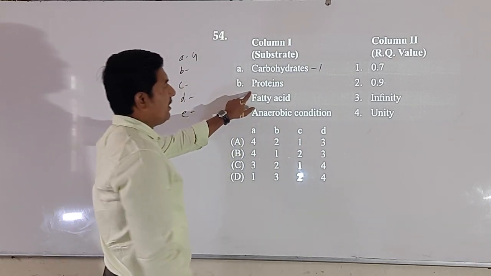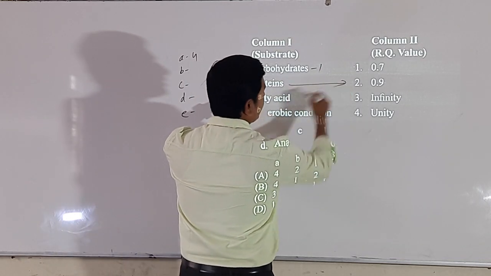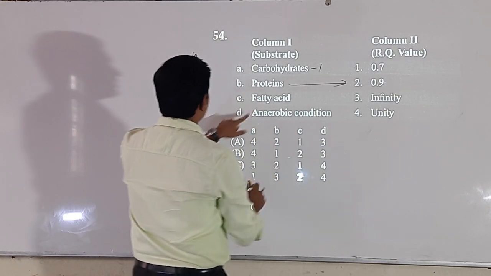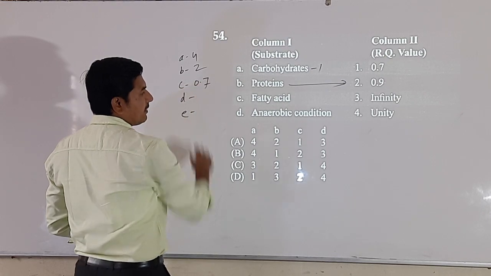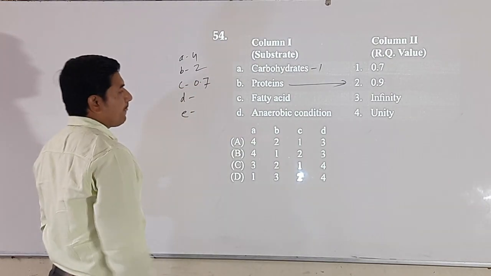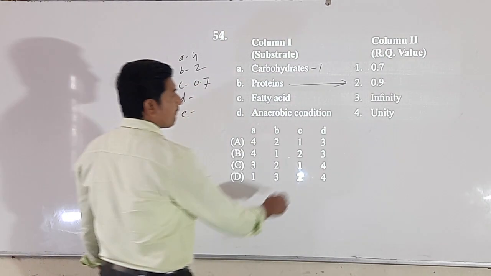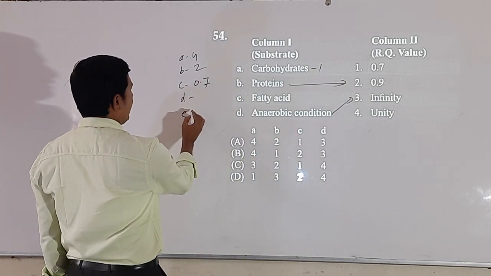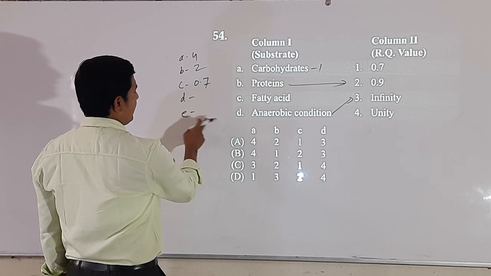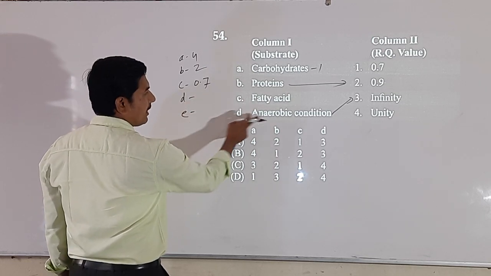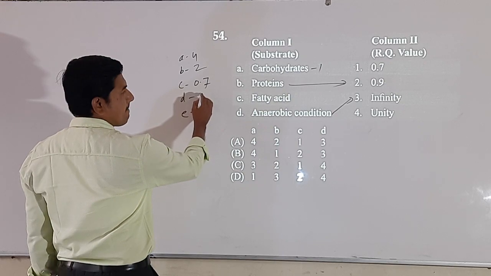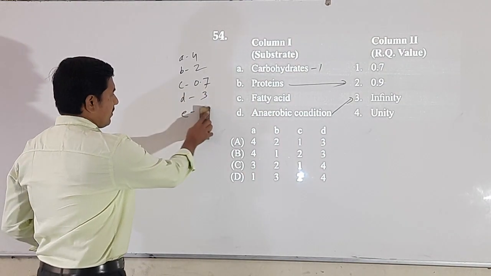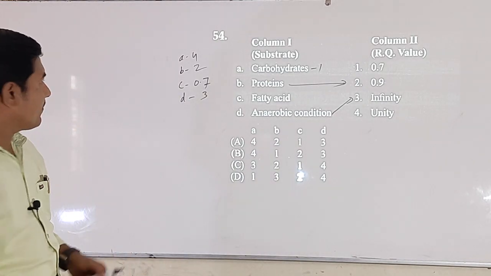B, protein, is 0.9, B2. C, fatty acid, 0.7. Anaerobic condition, infinity. Now D is anaerobic condition, D3. So what is the correct option for this?